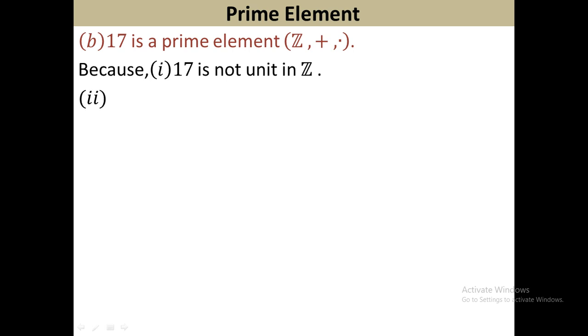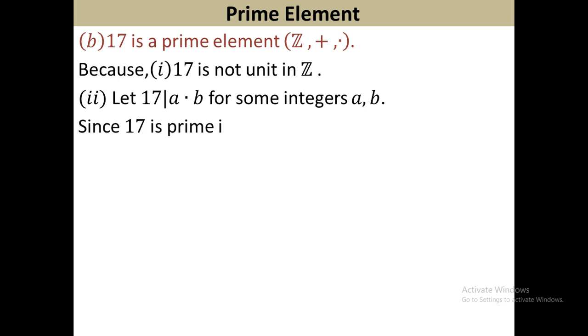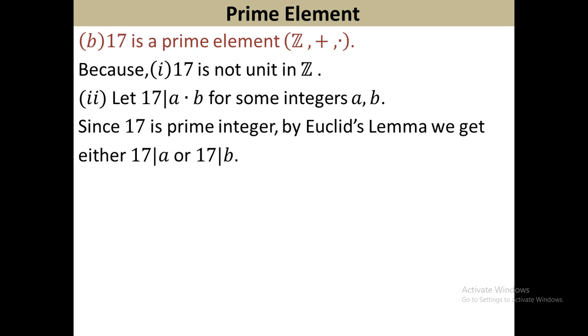Second condition, suppose 17 divides AB for some integers A, B. You know that for a prime integer, here 17 is a prime integer, if P divides AB, then either P divides A or P divides B. This is Euclid's lemma. Since 17 is a prime integer, by Euclid's lemma we get either 17 divides A or 17 divides B. So 17 divides AB implies that 17 divides A or 17 divides B. So 17 is a prime element.